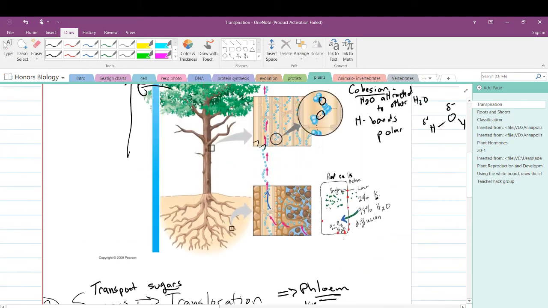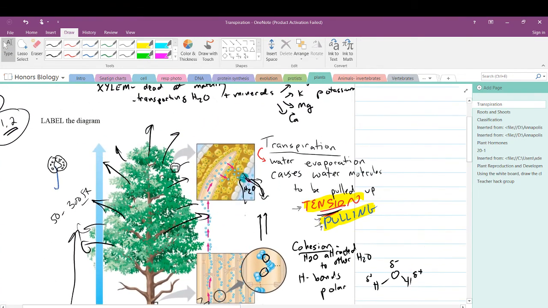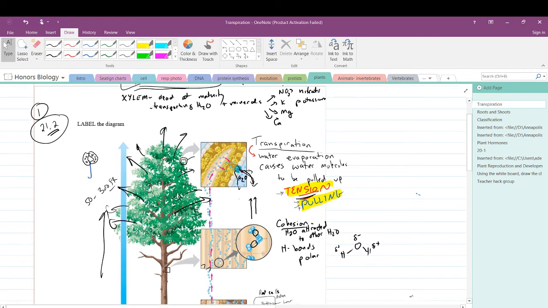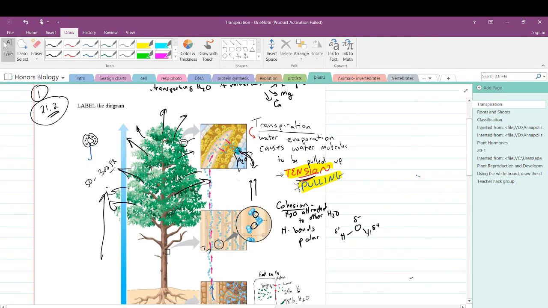So, just to sum up, here's our transpiration, dead cells that are moving water and minerals. And the water is the conduit. We're allowing transpiration to happen. That's the evaporation of water. And because of the cohesion of water, the water molecules are attracted to each other and they get pulled up.